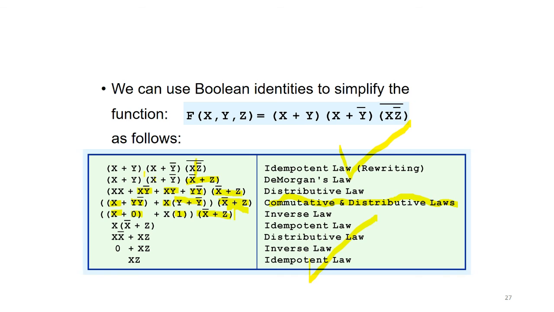Here we are left out with what? This thing, you see, this x bar z, here also remaining as it is, and this one we have written down x plus 0, and here we are multiplying with x.